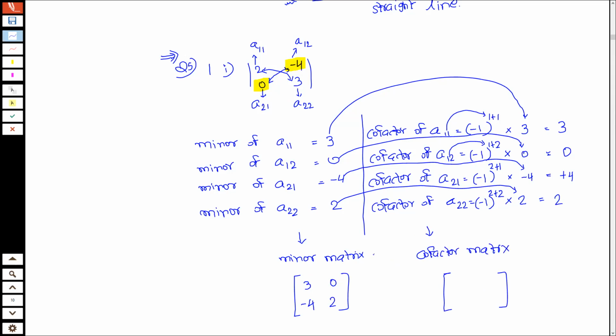Same minor matrix will be converted into cofactor. 3 0 -4 2, but I need to change two signs. At which place? Here I will make plus, and here anyway it is 0, so no need to write. So these two positions will have change in sign. Are you clear?